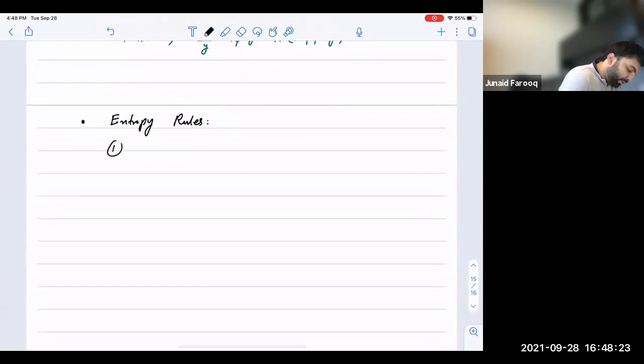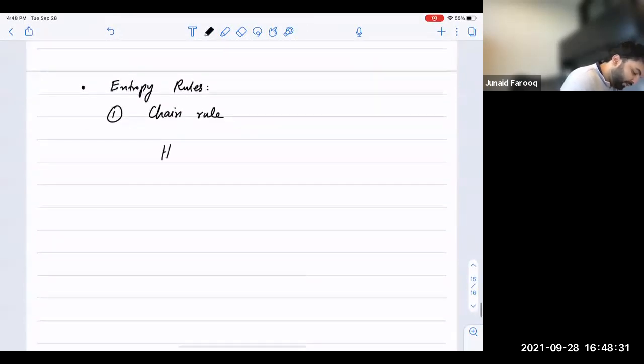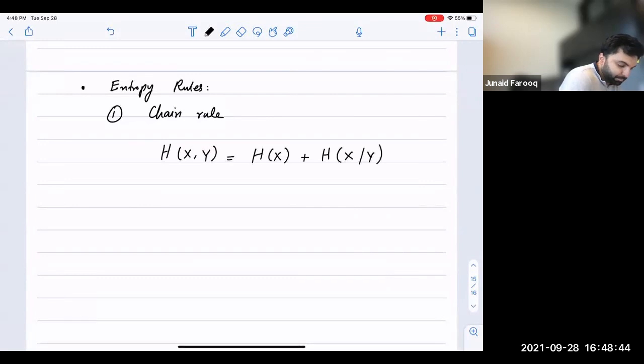So the first one is called the chain rule. The chain rule says that h of x, y, which is the joint entropy, is equal to h of x plus h of y given x.